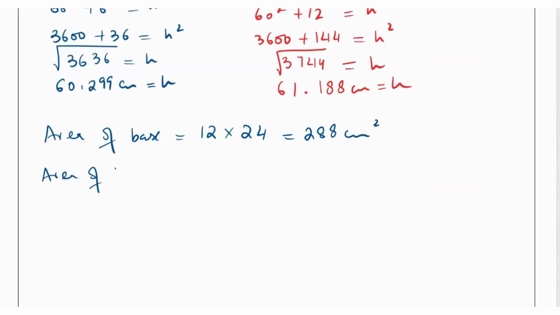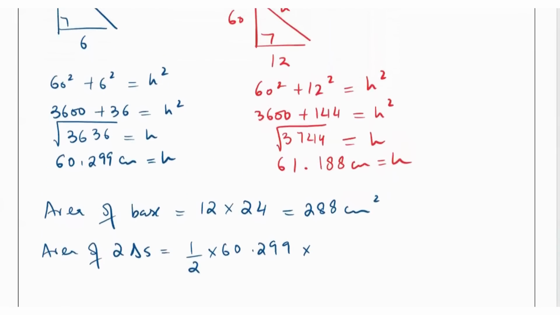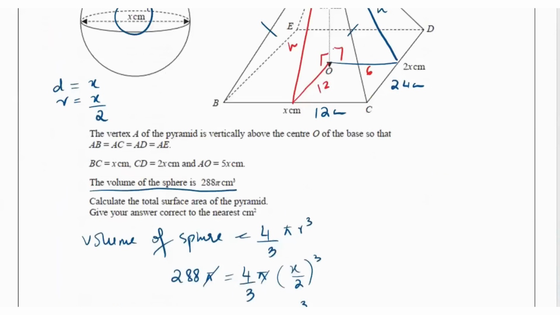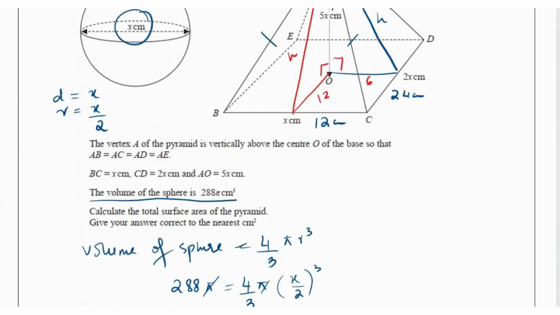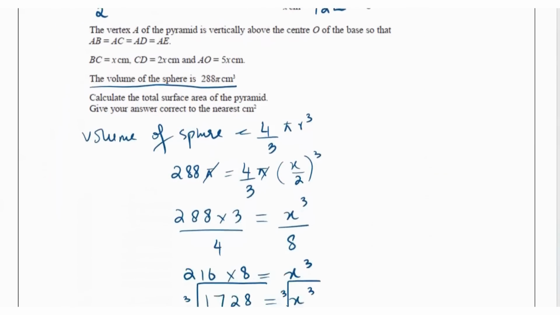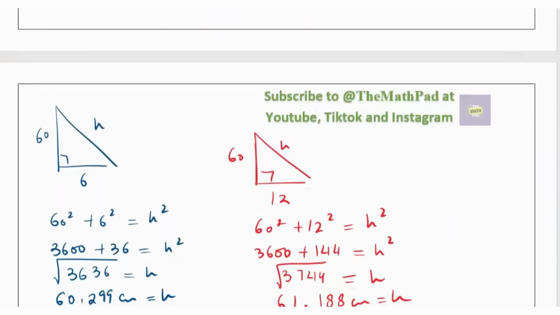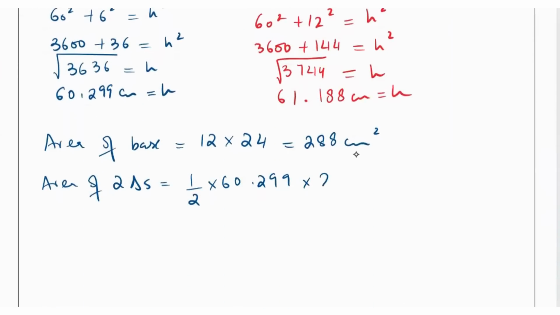Area of two triangles, that's going to be 1/2 times 60.299, that's the height, times your base, which for this it was, I think, 12. For this it's 24. 24 and then times 2 because they're two triangles.